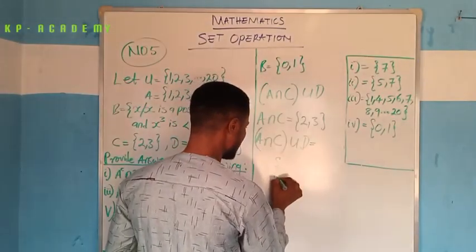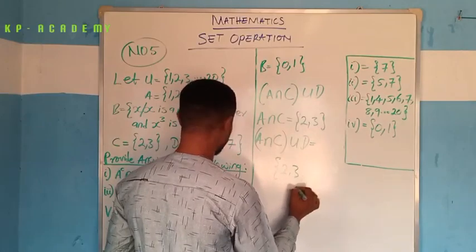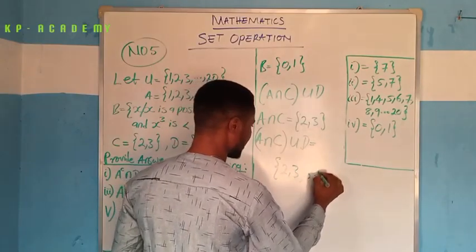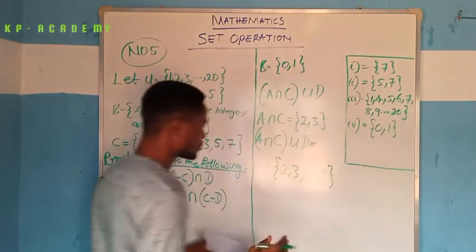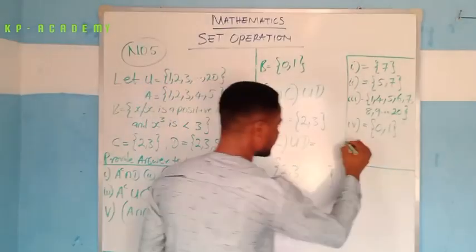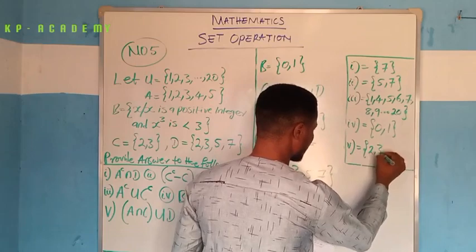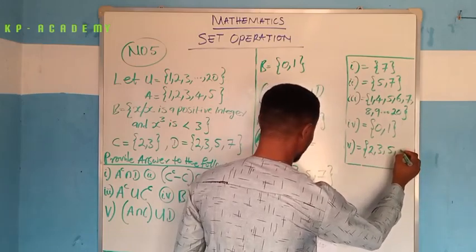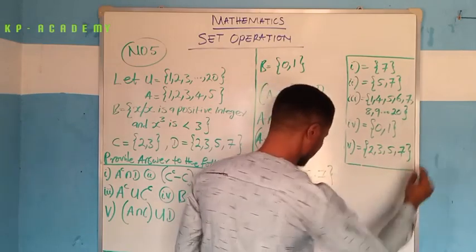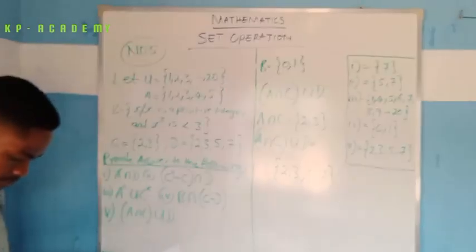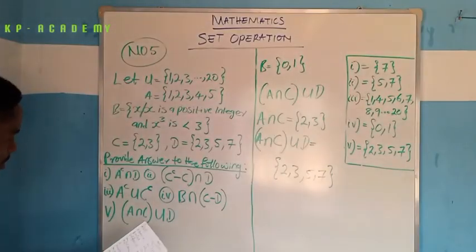So the answer will be 2, 3, 5, and 7. Alright, so that's the answer. So finally, the V part of the question is 2, 3, 5, and 7.